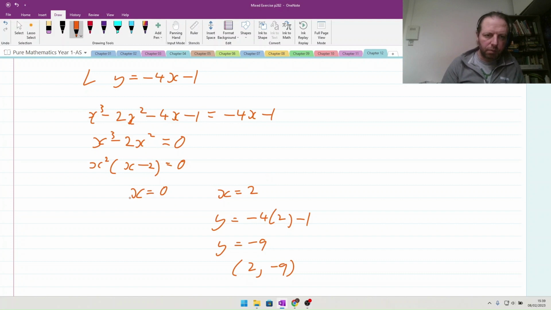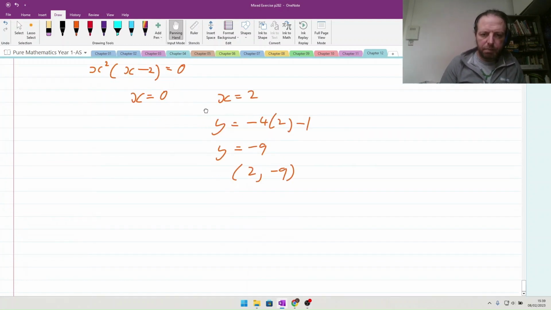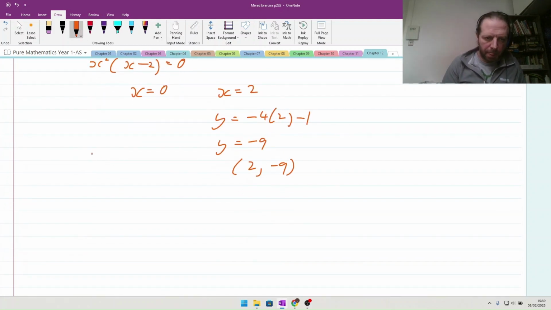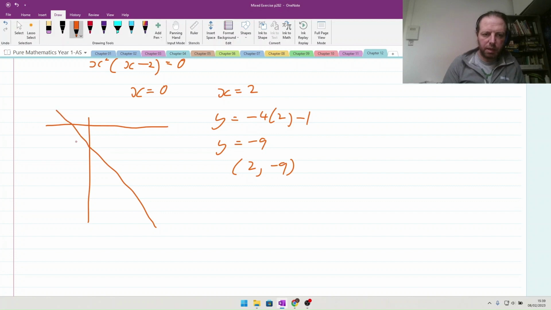Okay. So looking back at our picture then, we have the coordinates like this. This is line L, and it's at 0, minus 1, and then it's cutting down here at 2, minus 9. So we've got a distance of 2 between here and a distance of 8 between here.